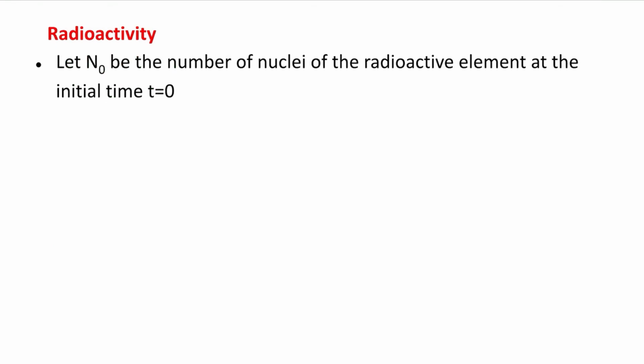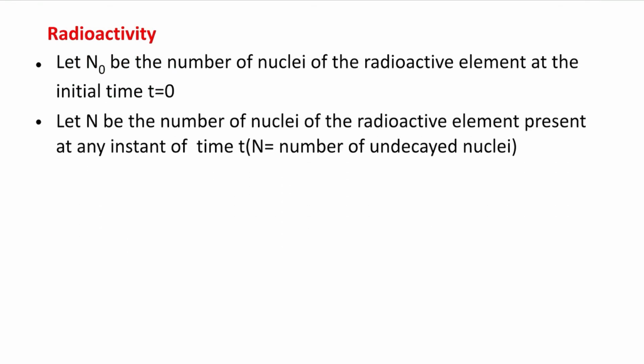Let N0 be the total number of nuclei of the radioactive element at the given initial time t equal to 0. Let capital N be the number of nuclei of radioactive element present at any instant of time t. Now I can also call this capital N the number of undecayed nuclei. Why?